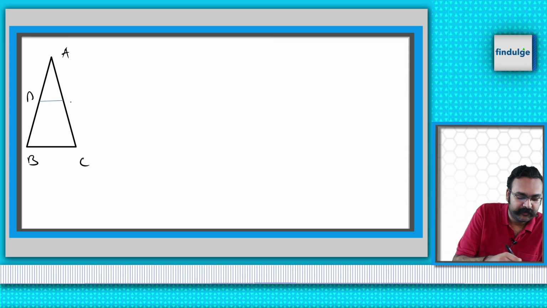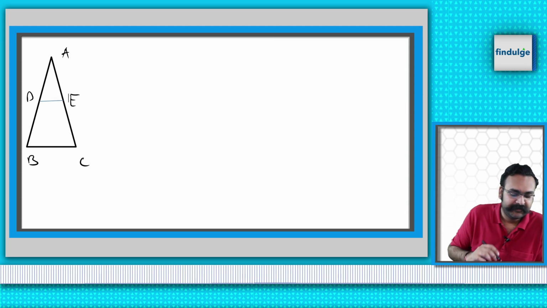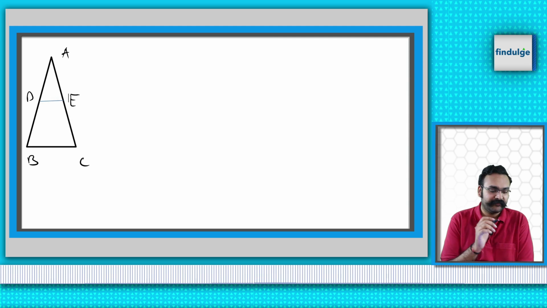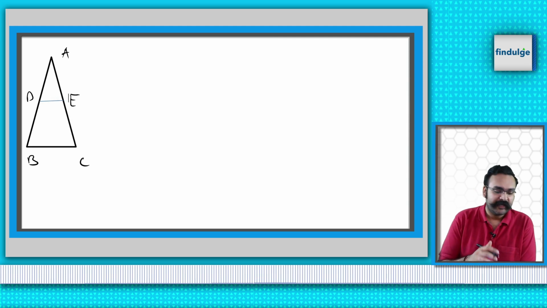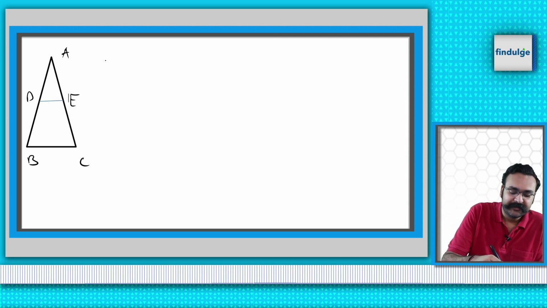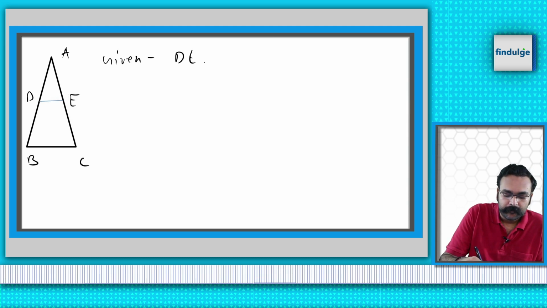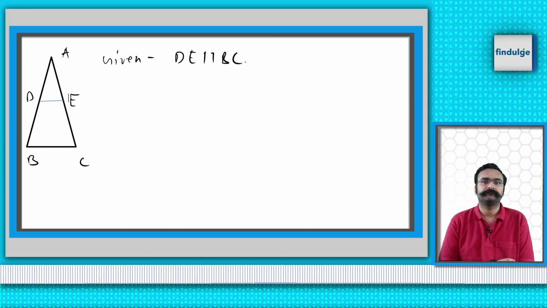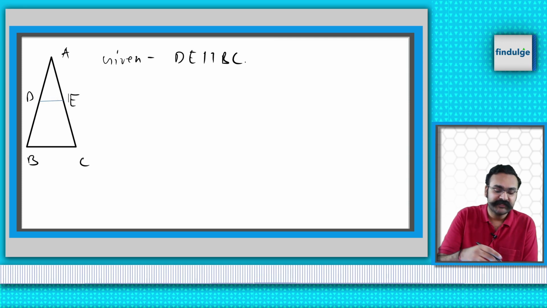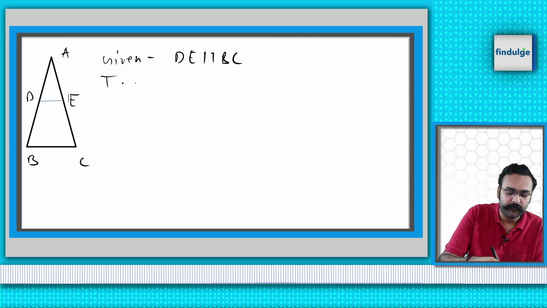Let this be a parallel line DE. And this is our triangle, and it is given that DE is parallel to BC.